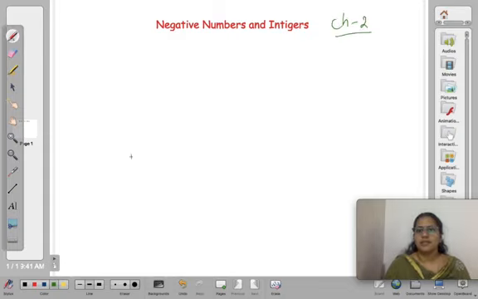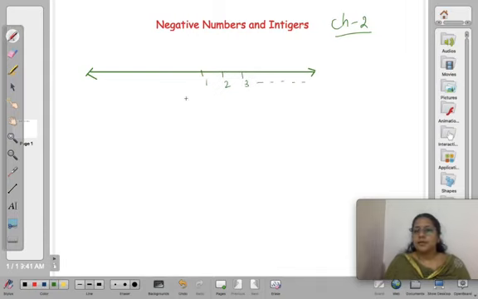Today I'm taking negative numbers and integers, that is chapter 2. Okay, in the first chapter we studied whole numbers and natural numbers. All of you know what natural numbers are, that are counting numbers 1, 2, 3, etc. When you add 0 to them you get whole numbers.